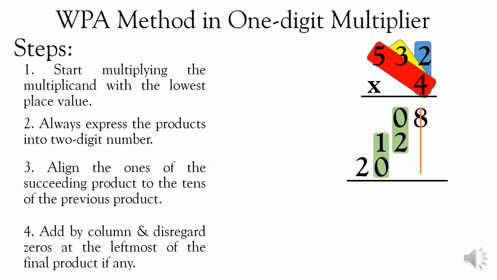So the sum of the first column is 8, the second column is 2, the third column is 1, and the last column is 2. Therefore, the product between 532 and 4 is 2128.